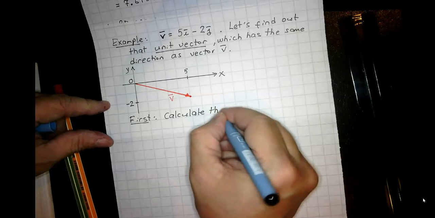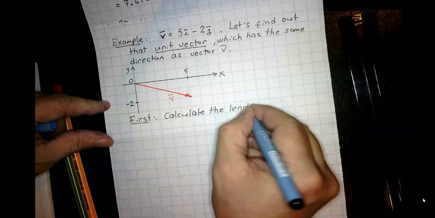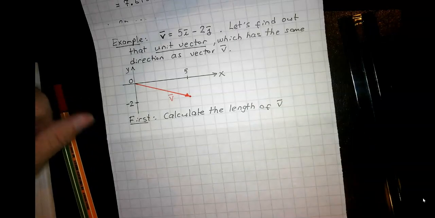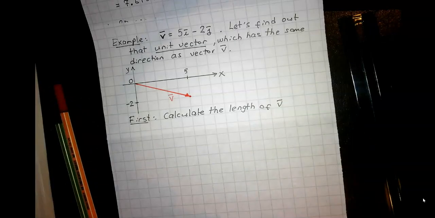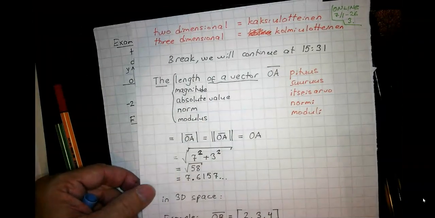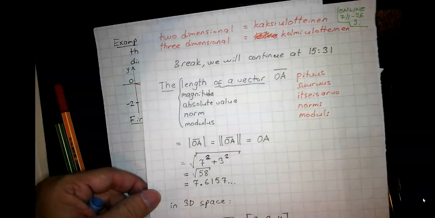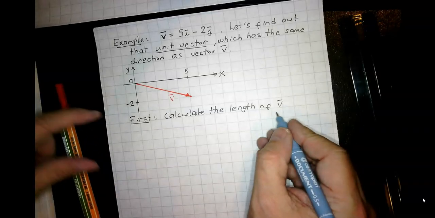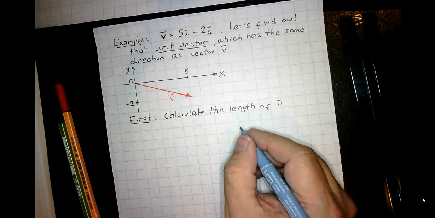So first calculate the length of V. Length, or again we may use all these concepts there. Length or magnitude, absolute value or norm or modulus, these all mean the same. But this is the first step.